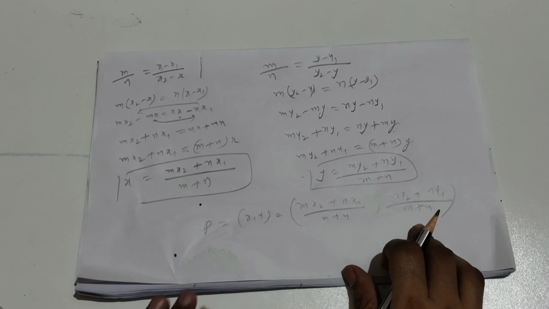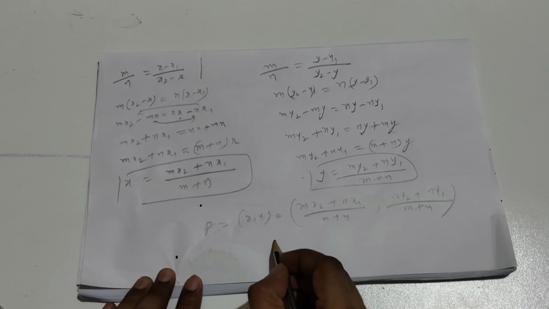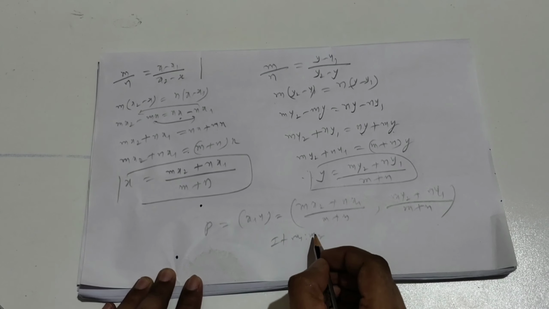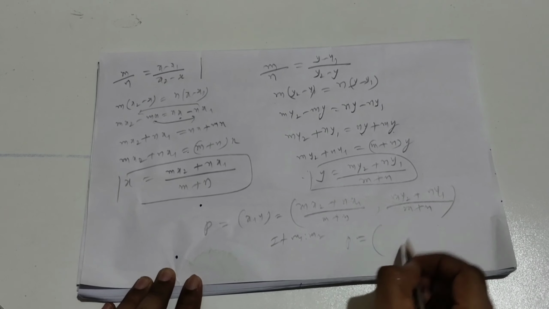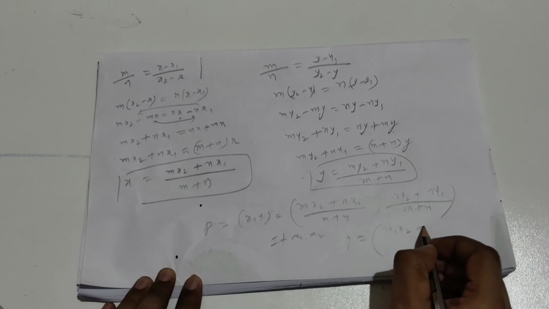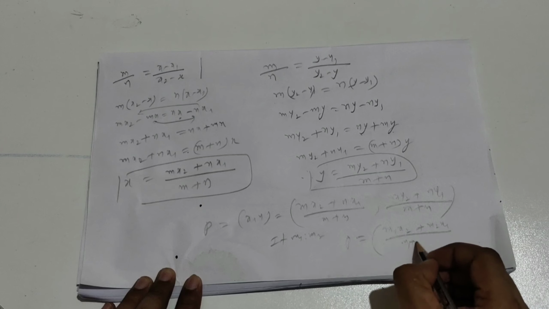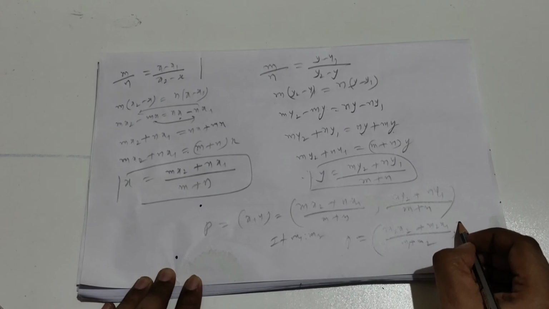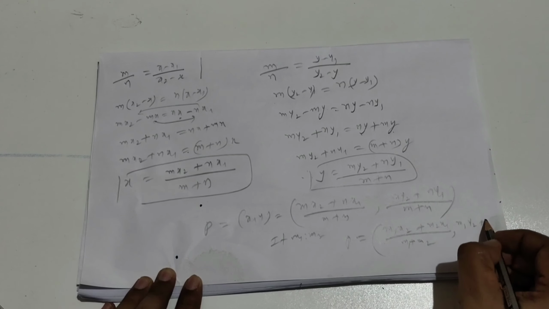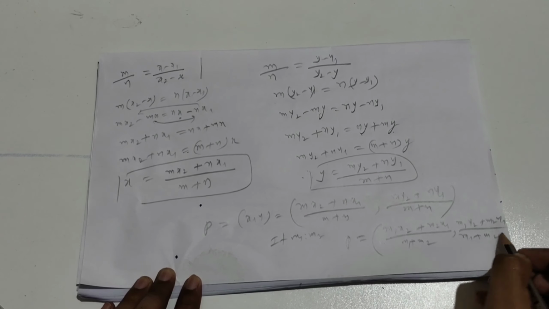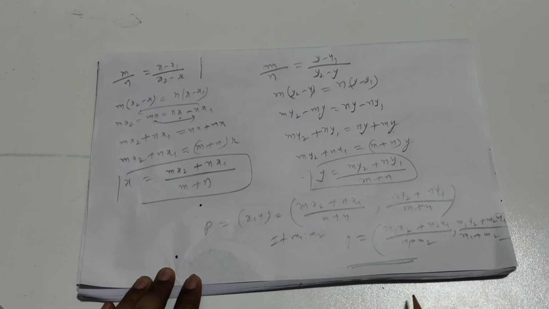Otherwise we can take the ratio m1 is to m2 also. Then the formula will be P is equal to ((m1x2 plus m2x1) by (m1 plus m2), (m1y2 plus m2y1) by (m1 plus m2)). Like this also we can write the formula.